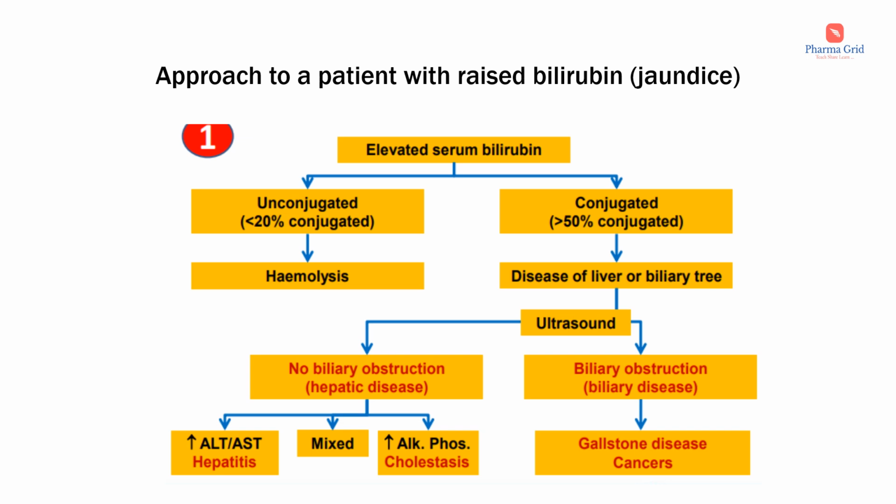Once conjugated hyperbilirubinemia has been identified, we need to do an ultrasound abdomen, that is USG. The radiologist will be informed about what we need to see in the USG.